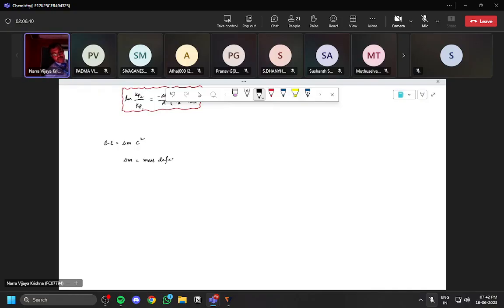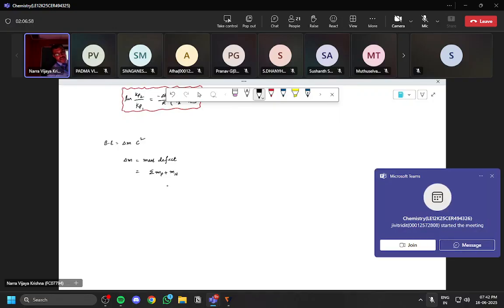What do you mean by mass defect? It is the mass of nucleons minus the actual mass, since some mass is converted into energy. So we write the sum of masses of protons plus masses of neutrons, minus the mass number.